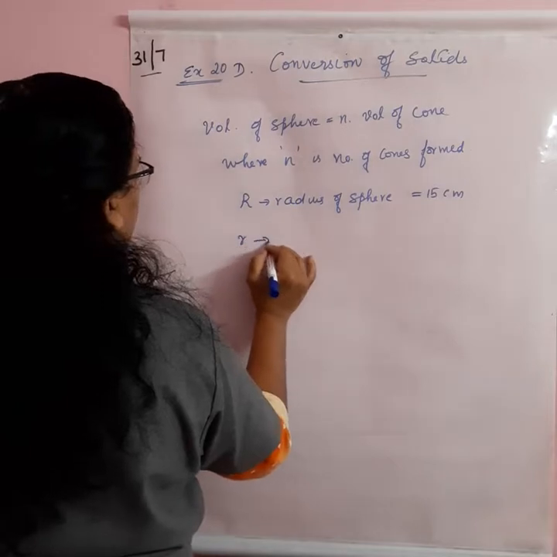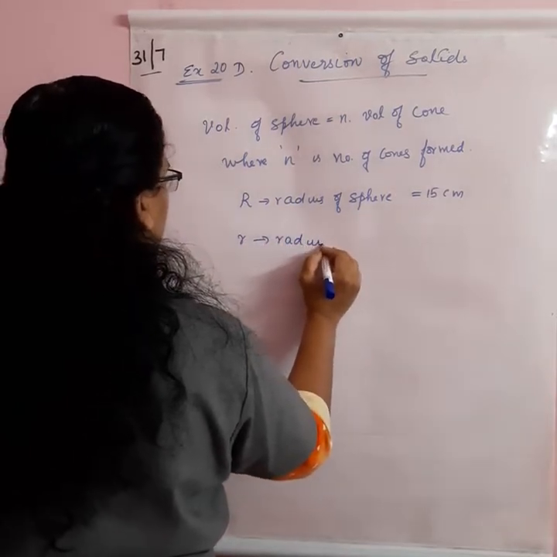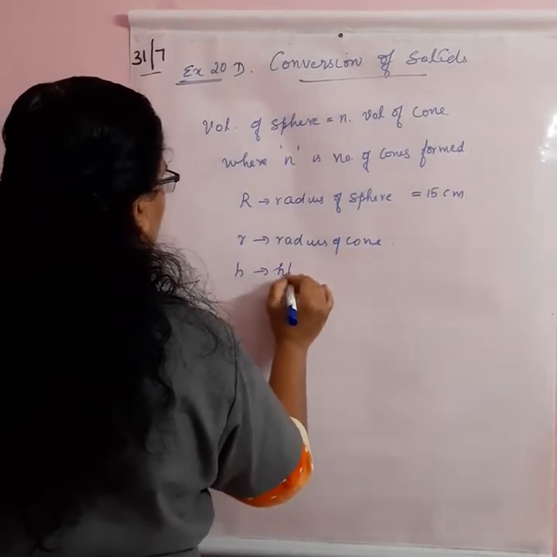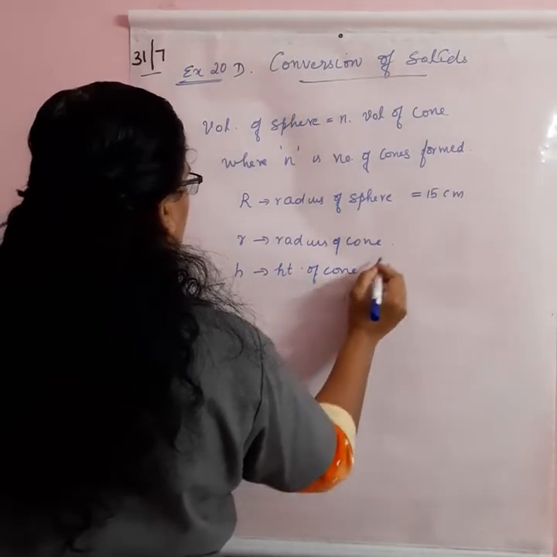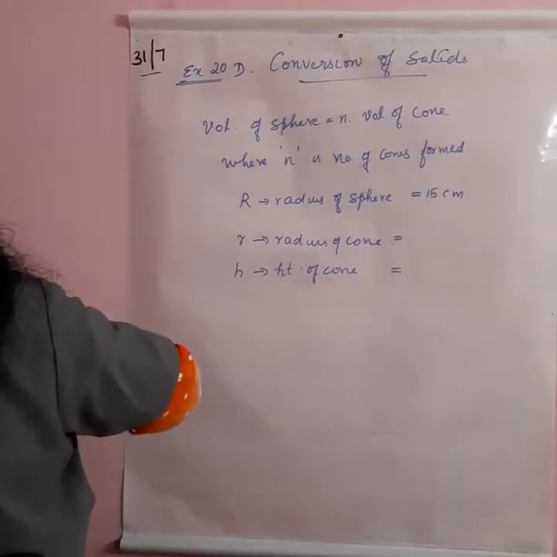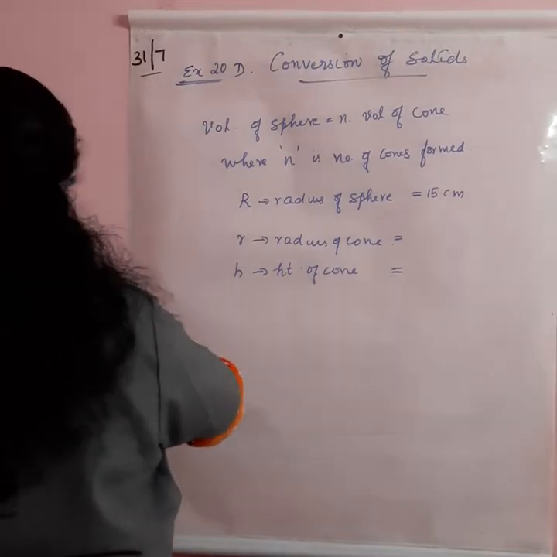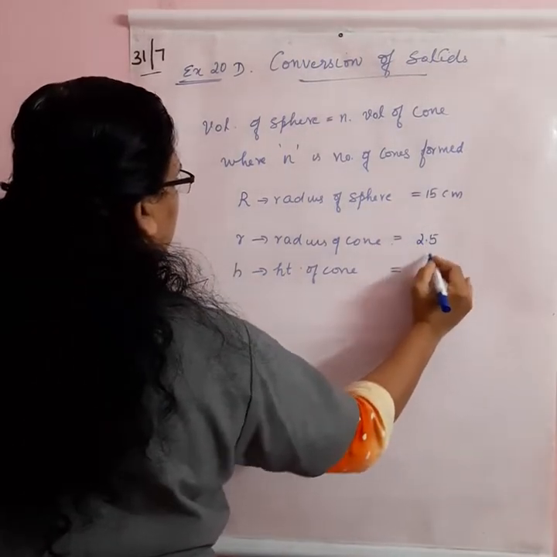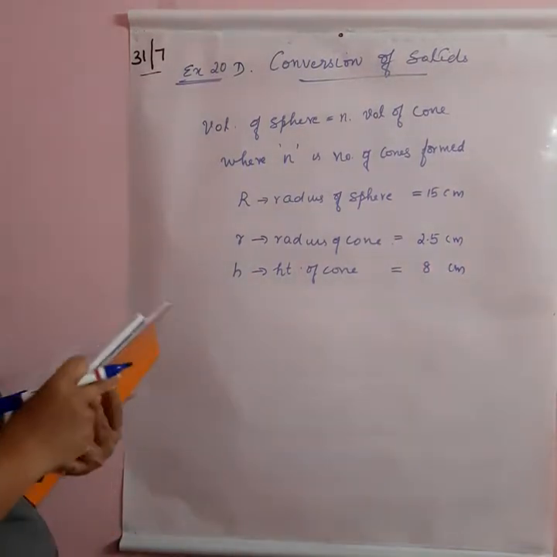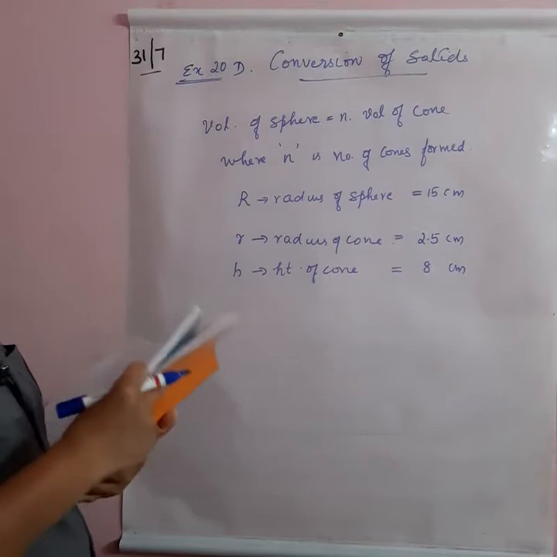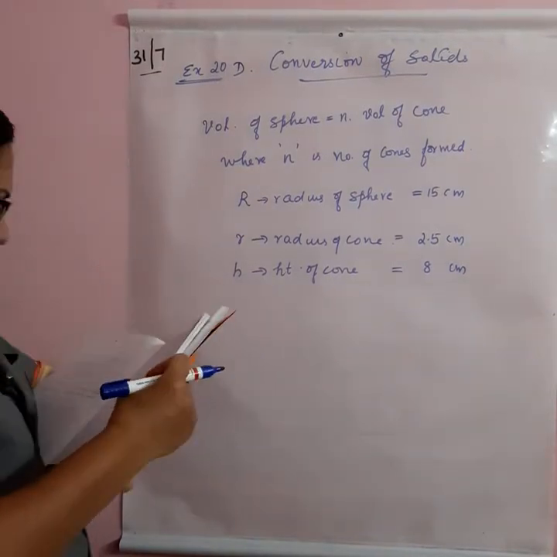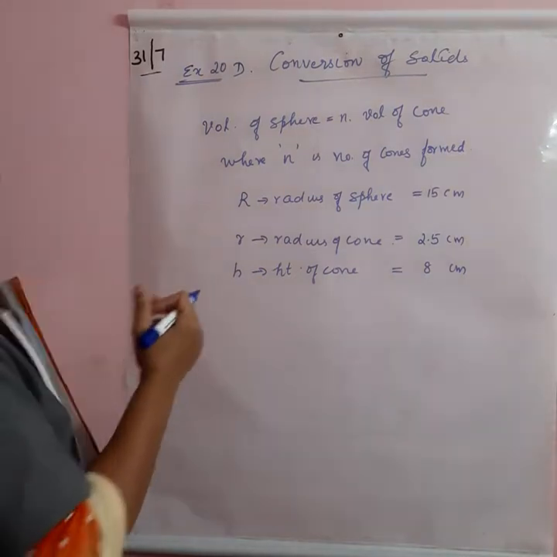So small r be the radius of the cone and h be the height of the cone. It is 2.5 and 8, both in centimeters. So, the radius of the sphere is 15 centimeter, the radius of the cone is 2.5 centimeter, and the height of the cone is 8 centimeter. Now, what is the concept used?